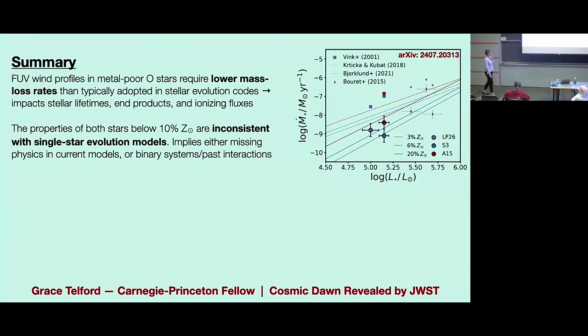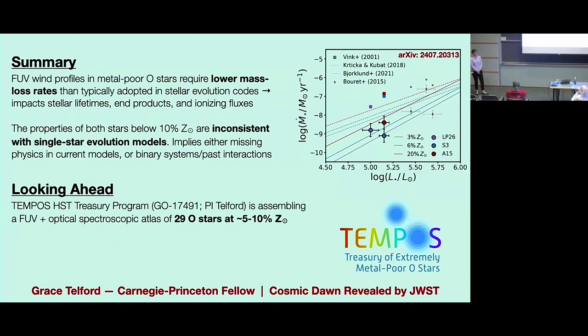Okay, so to wrap up, I'm just going to leave you with a summary of my talk and end by advertising a new observing program that is really going to expand this analysis to a much larger data set, actually boosting it by a factor of 10 in terms of number of O stars that we can analyze. So the Treasury of Extremely Metal Poor O stars, or TEMPOs, is a Cycle 31 Hubble Space Telescope program.